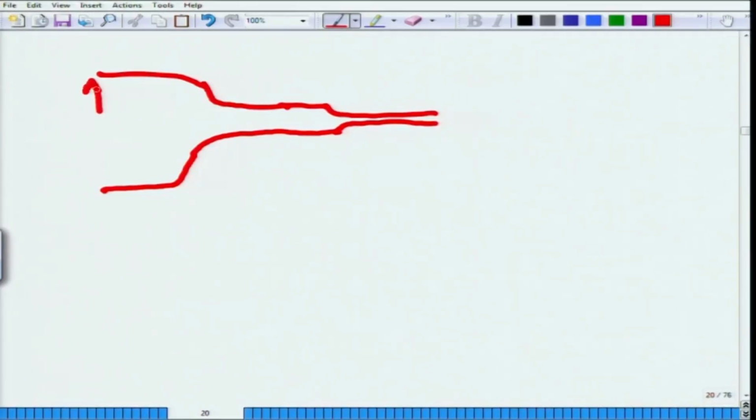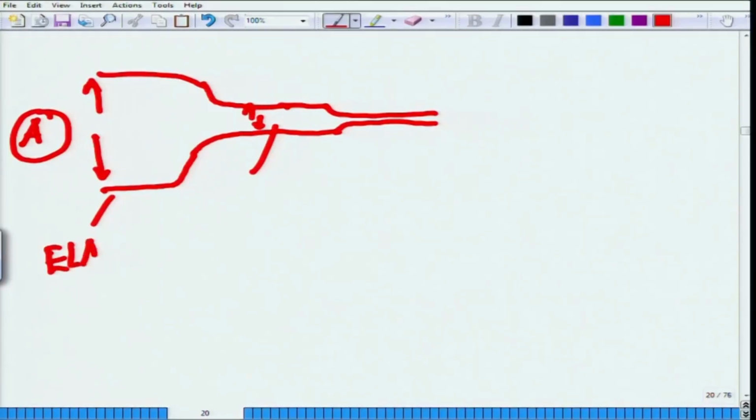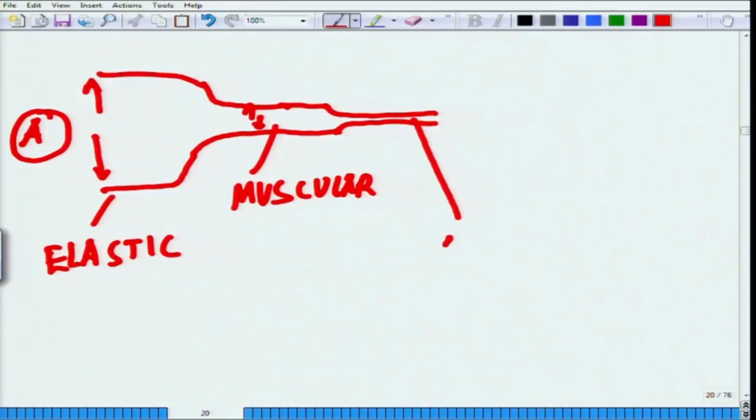If this is the cross section of the first arteries we talked about, I am representing it by A, and these are the medium arteries, which we have already talked about. If these are the elastic ones, and these are the muscular ones, we talked about these, and then these are the arterioles.